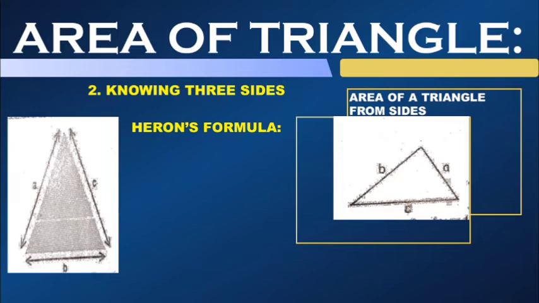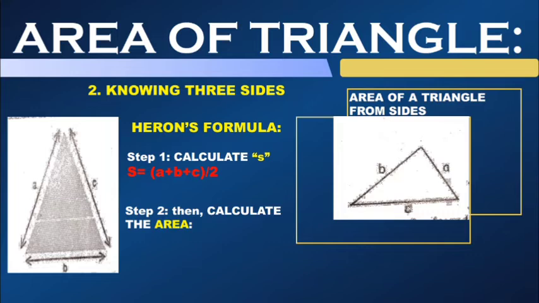There are two steps in calculating this. First, calculate the S, which means half of the triangle's perimeter. So S is equal to the quantity of A plus B plus C over 2. Second, you can now calculate the area.